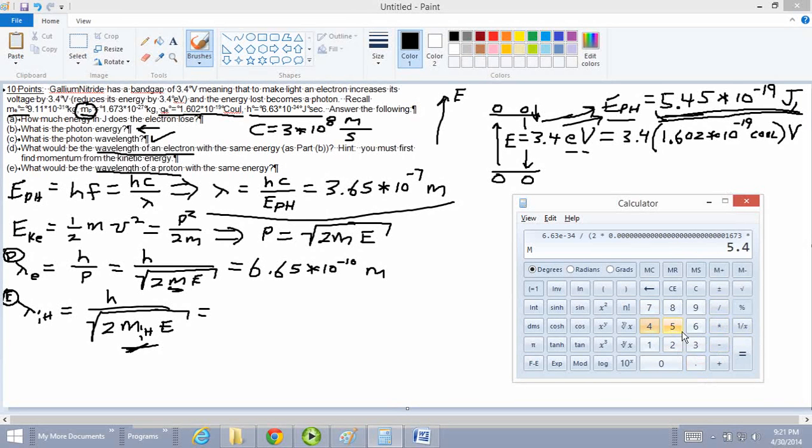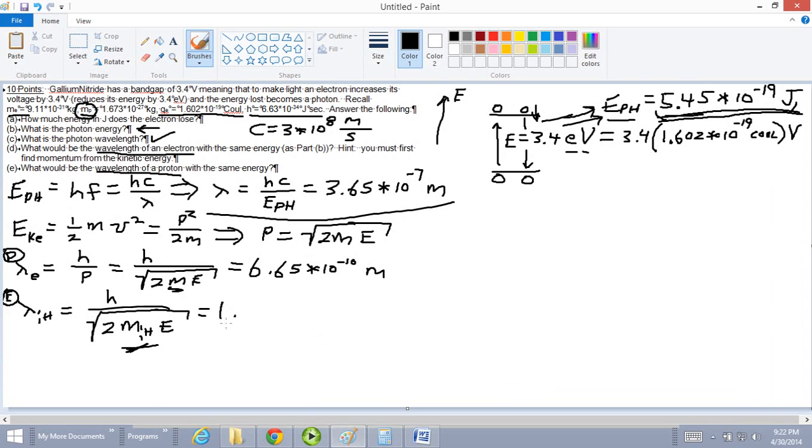That's the energy, is 5.45 times 10 to the negative 19th power. Close it up, take the square root, and hit the equals. I'm just kind of looking over things, just double checking my stuff. Hit the equal sign. 1.55 times, go back here, 10 to the negative 11th.